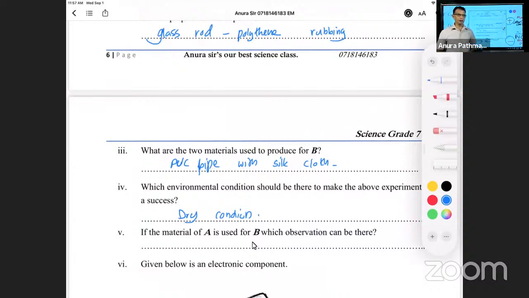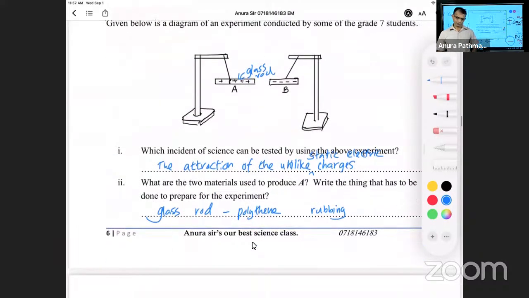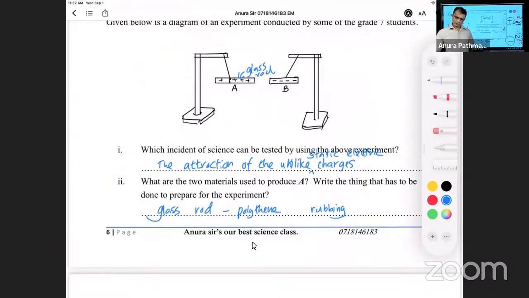So it should be very dry. If the material A is used for B, which observation can be there? I think it's the same. Then negative charges will be repelling.